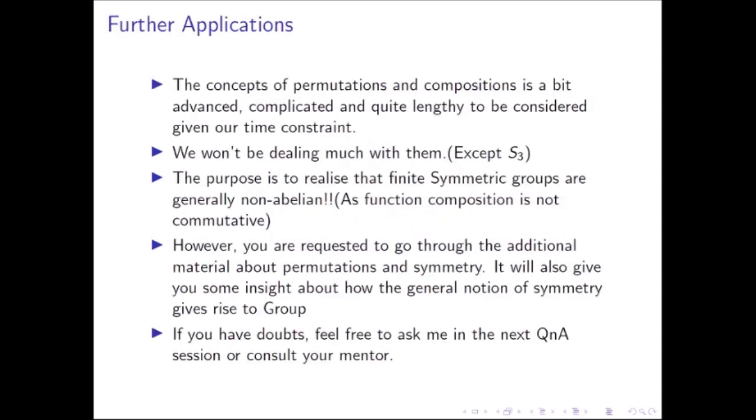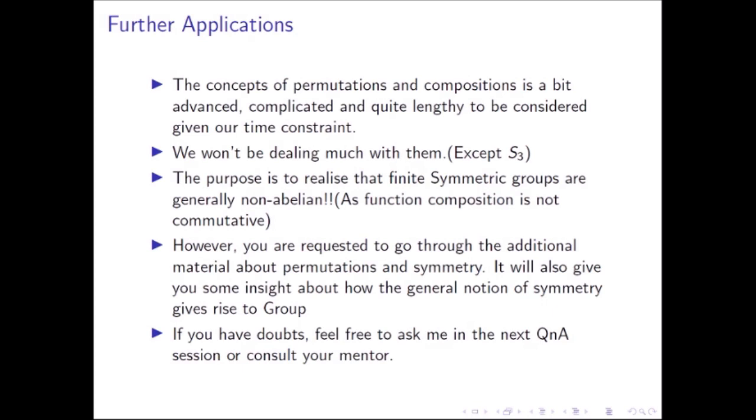The concept of permutations and compositions is a bit complicated and advanced, and if you are not familiar with combinatorics, it's pretty difficult. So except S3, we won't be dealing much with them. We'll assume that the only group of interest is S3 in our course. But all finite symmetric groups beyond S3 are indeed non-abelian.